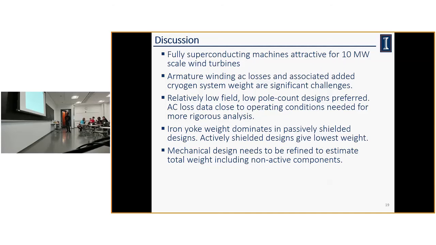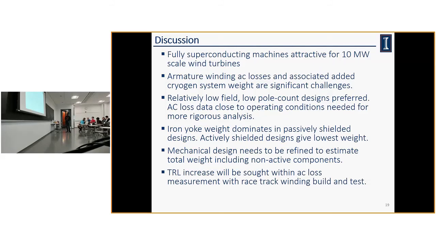One of the challenges is that all our machine calculations are just estimating the weight using some simple models. So we have to at least design our machine very well in CAD models. To increase the technology readiness level, we are trying to validate the AC loss models that we used in the machine design space.